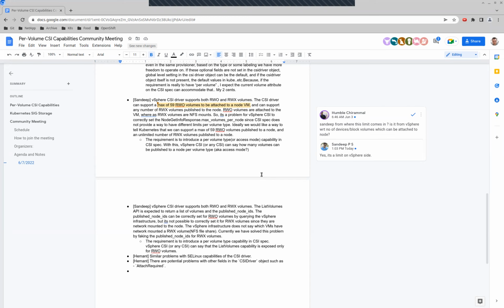The per node limits seem more problematic, because I can totally see that if you set the number too low, then you're going to run out of volumes on your nodes, even when you don't need to. But if you set it too high, then things will actually break.